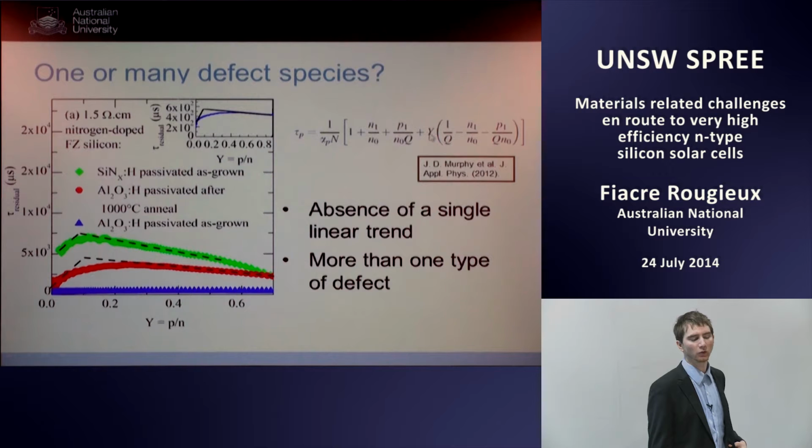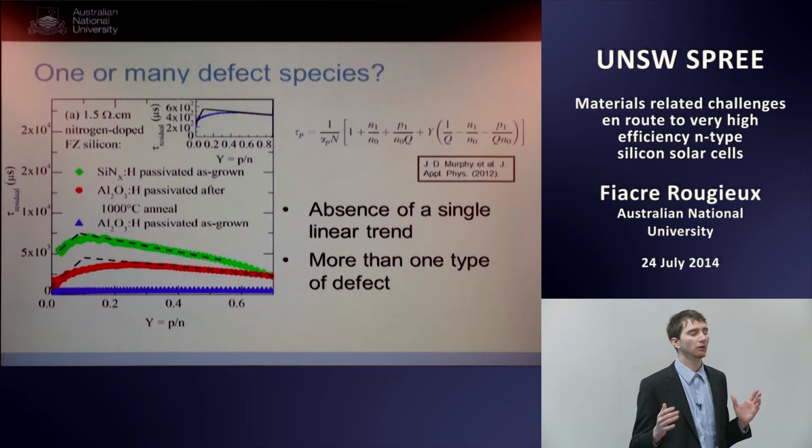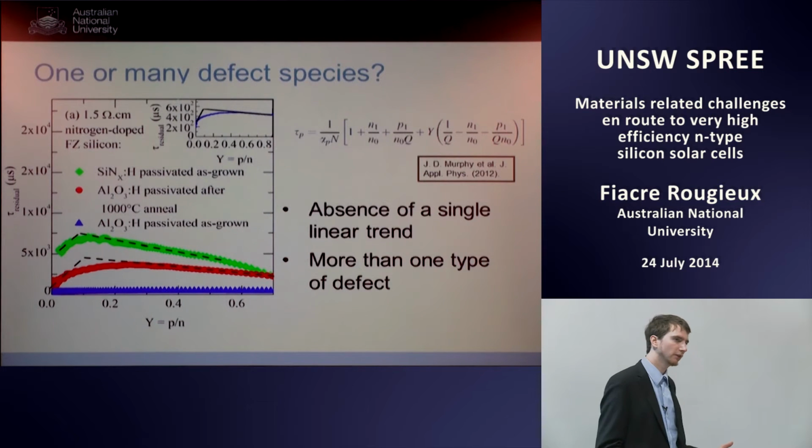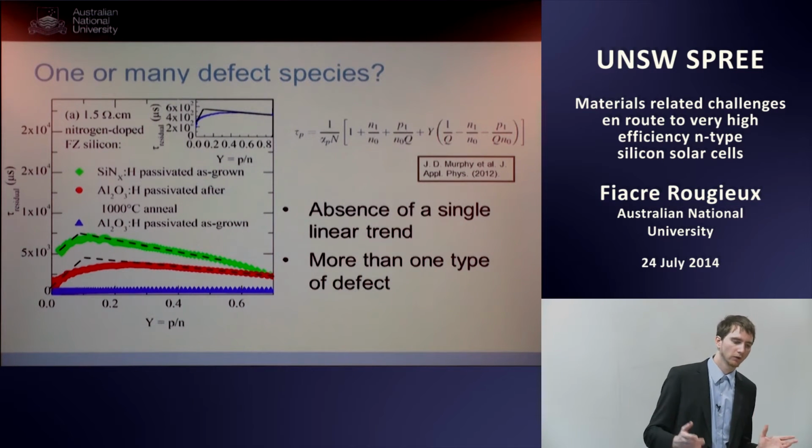And if you look at this equation, this is the hole over electron ratio here. If you find a linear trend in such a plot, it means you have a single defect. If you have a bilinear, or multiple linear trends, it means that you have either more than one defect or a defect with multiple levels.